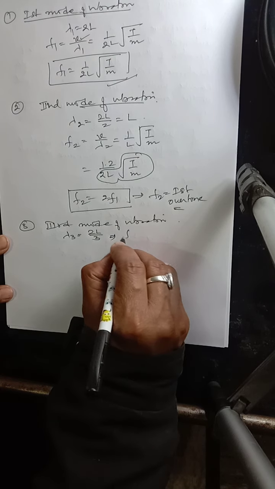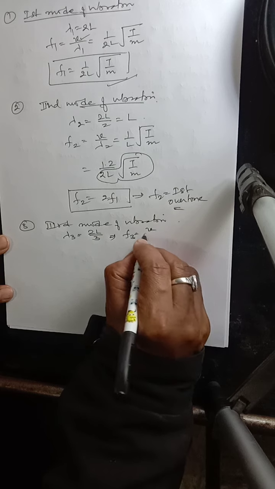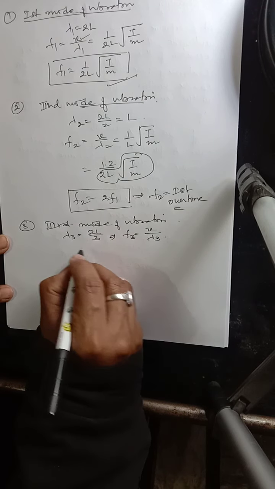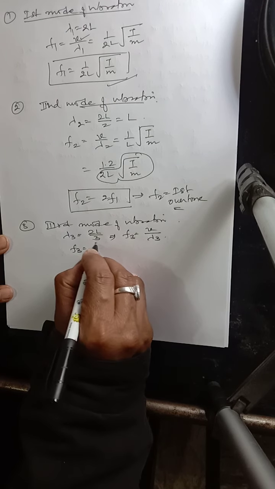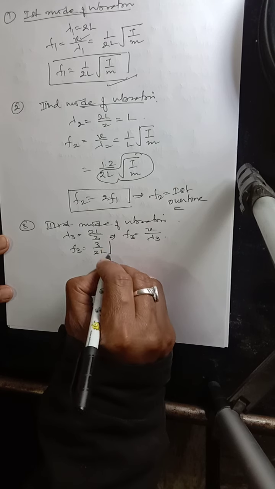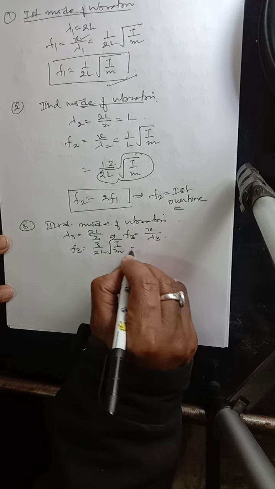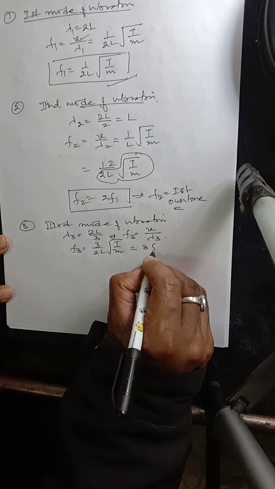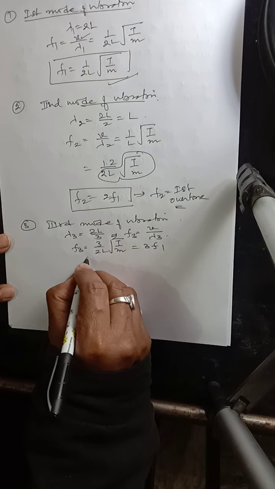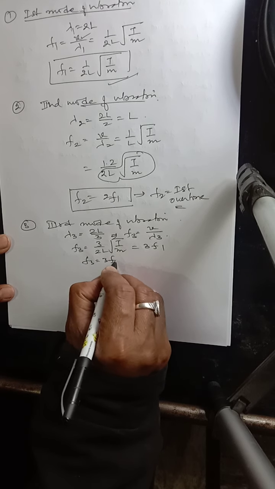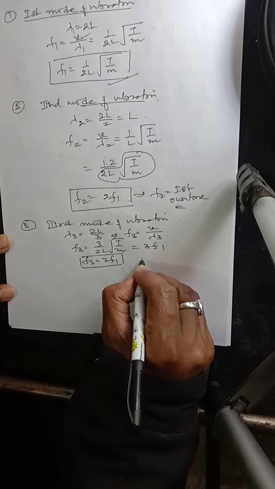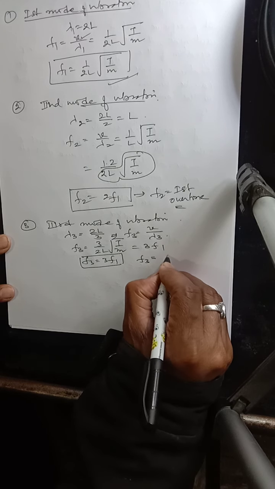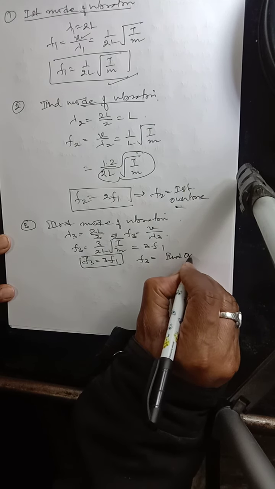So F3 is equal to v by lambda 3, which becomes 3 by 2L under root of T by M, and that becomes 3F1. So F3 is equal to 3F1, where F3 is the second overtone.